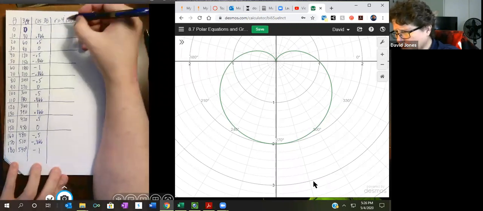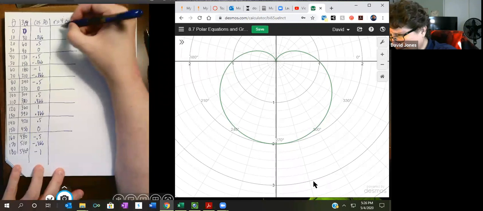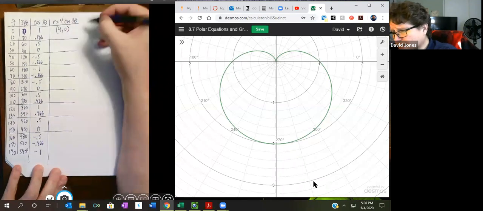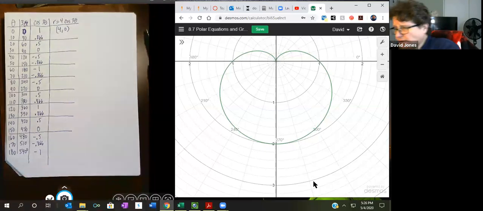So if I do 4 times that, I've got the coordinate 4, 0. 2 times root 3, 3.46.